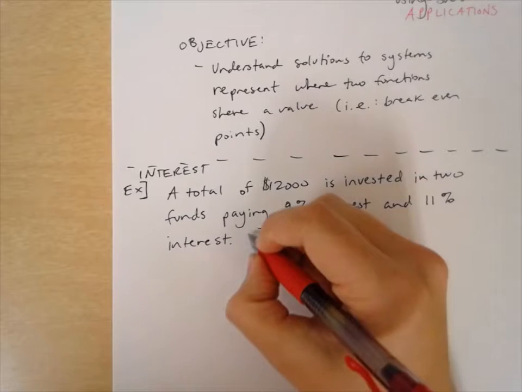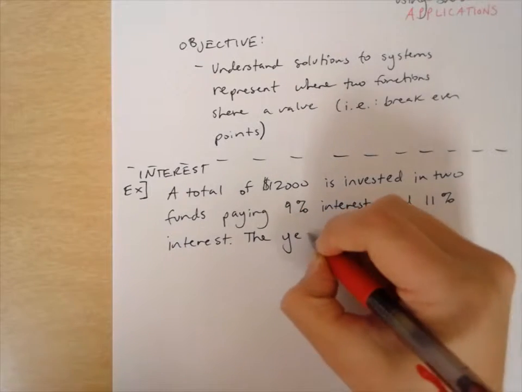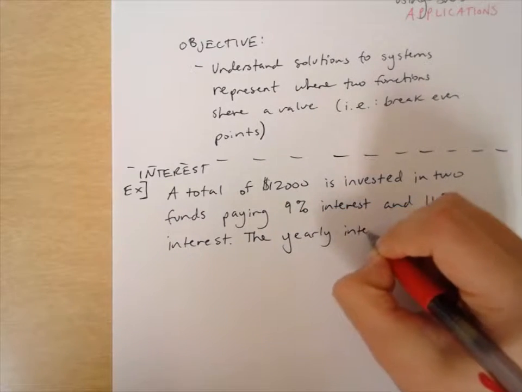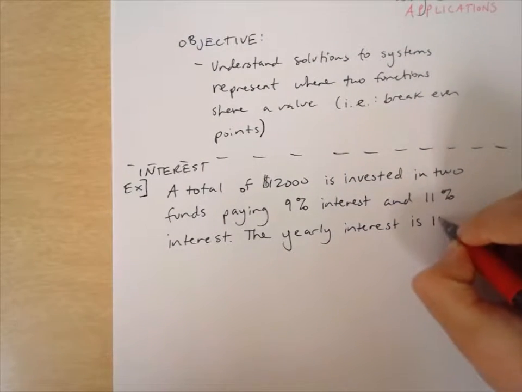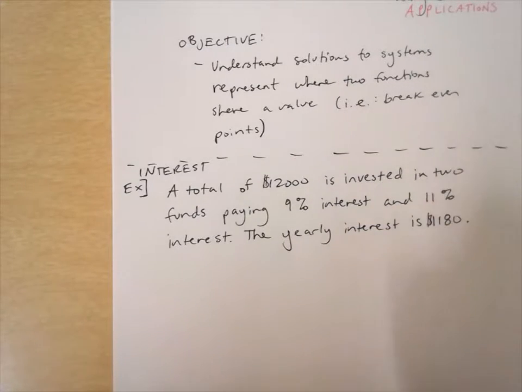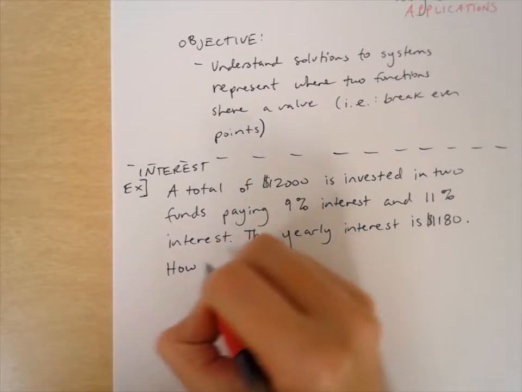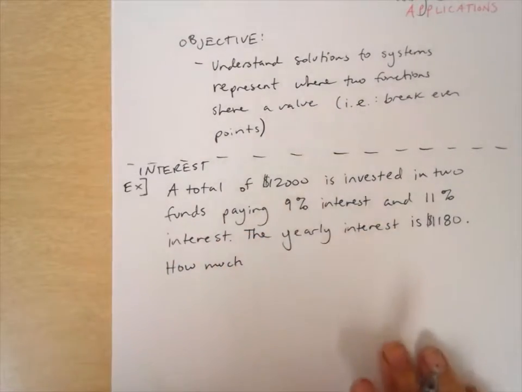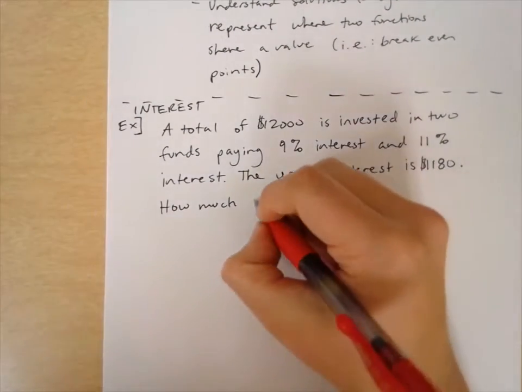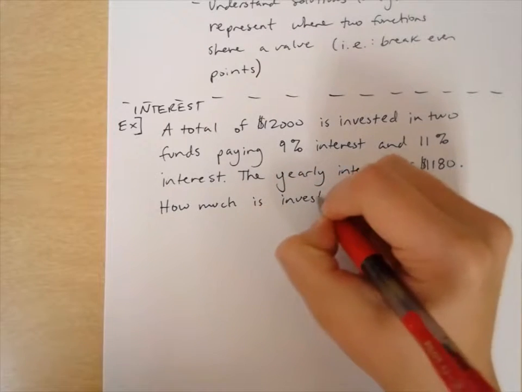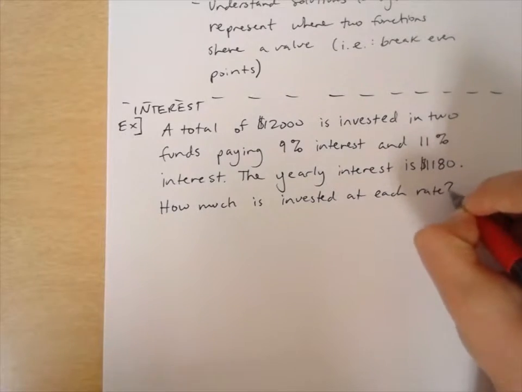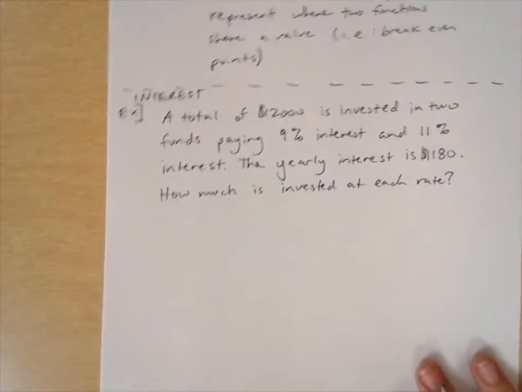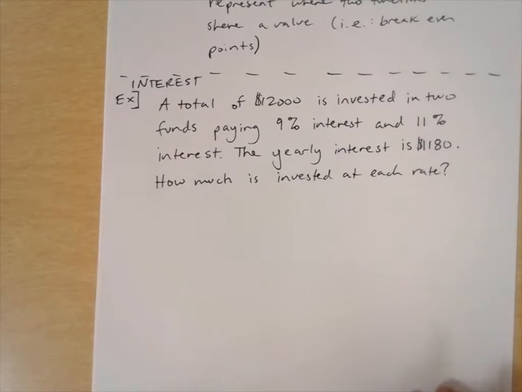The yearly interest is $1,180. And what we're finding out is how much is invested at each rate. In other words, how much money did you put in each fund? That's what we don't know yet.